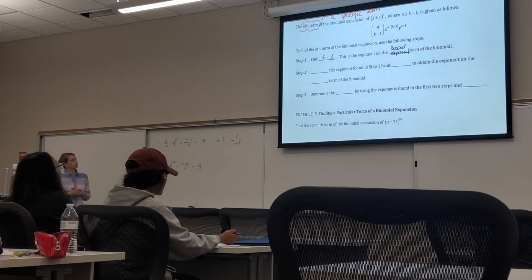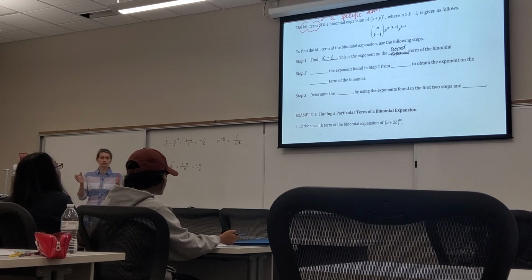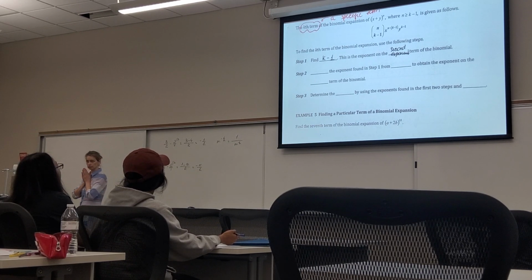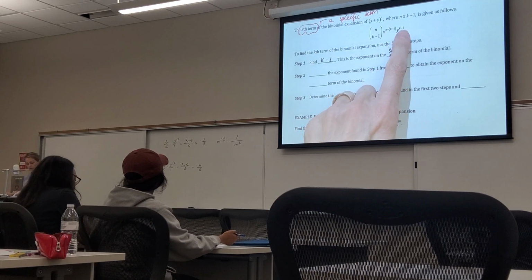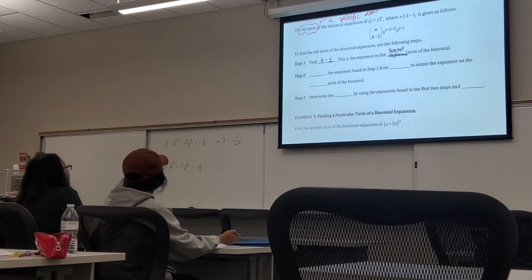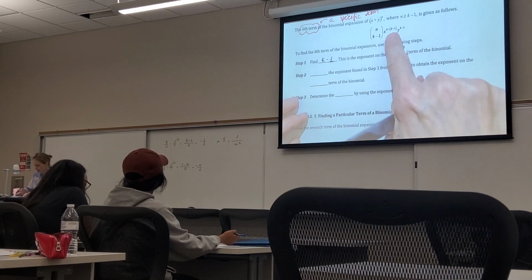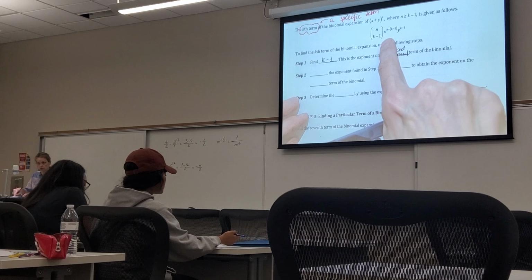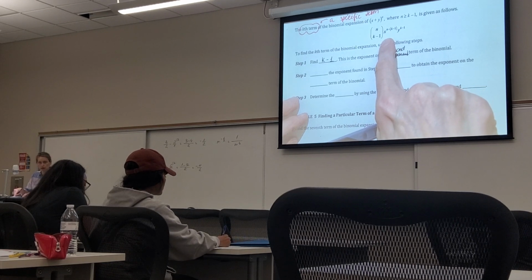It is the second exponent. Now, because we know that the sum of all exponents needs to be equal to the degree of your binomial, correct? Yes? So remember, the sum of these terms needs to be equal to the degree of your binomial, correct? So then I will be able to find the degree of the first term, correct?